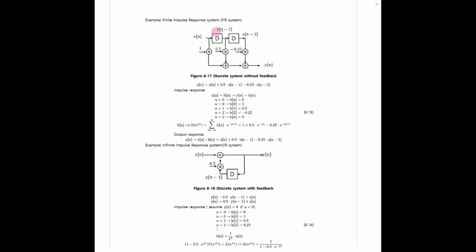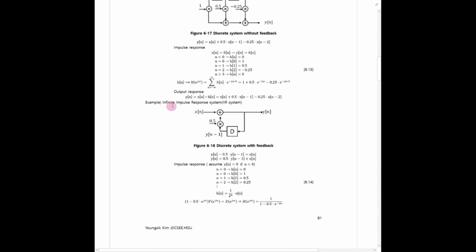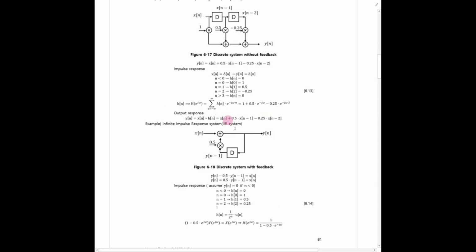The FIR system has a finite-duration impulse response, meaning the impulse response disappears after a certain time period. But in the case of the infinite impulse response system, the impulse response lasts over time. It doesn't disappear; it exists over time.